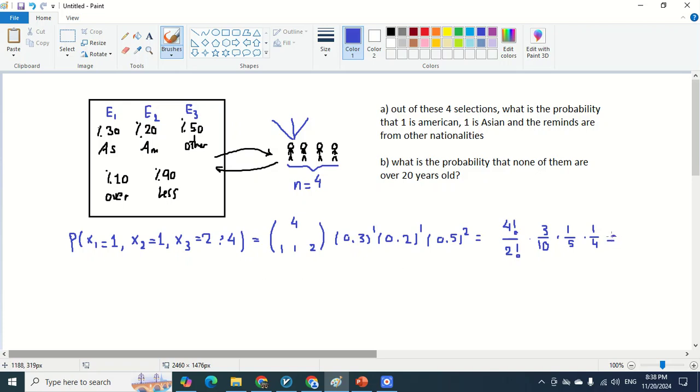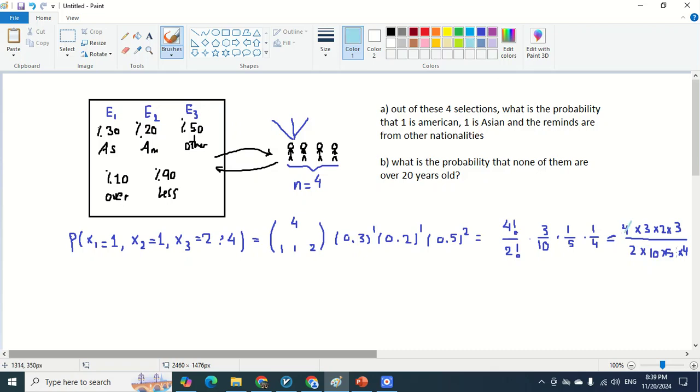The 4 factorial is 4 times 3 times 2, and we have one more 3 at the numerator, so let me just write 3 as well. At the denominator we have 2 times 10 times 5 times 4, 10 times 5 times 4, and you can simplify that expression to calculate it.